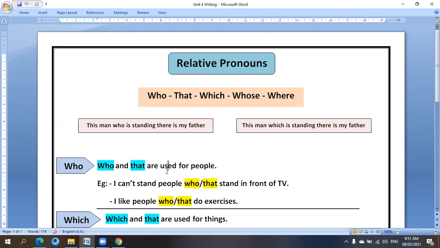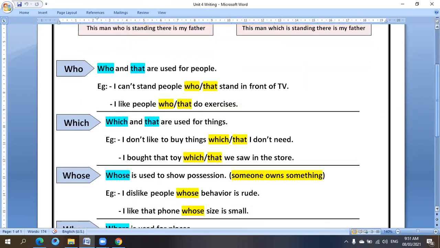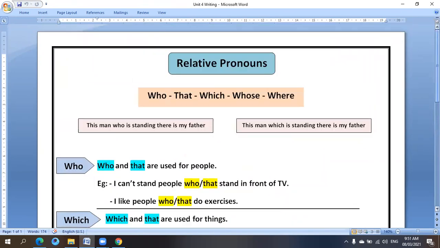Before we move to talk about who, which, whose, and where, let's try to know the parts of this sentence. We can consider that we have two sentences.